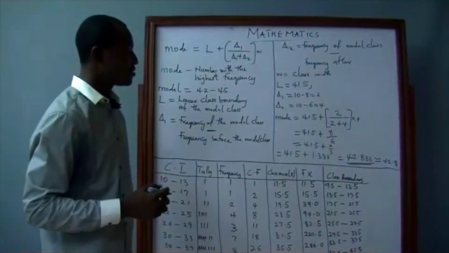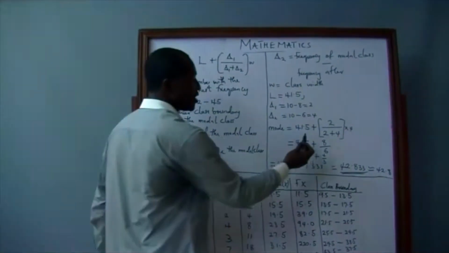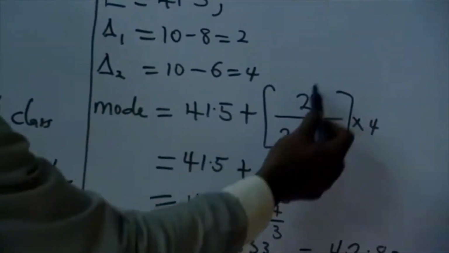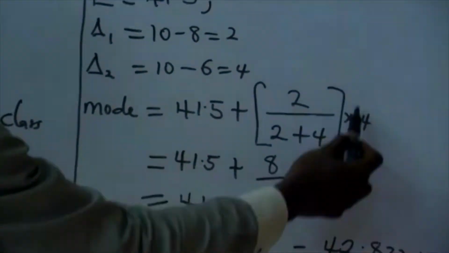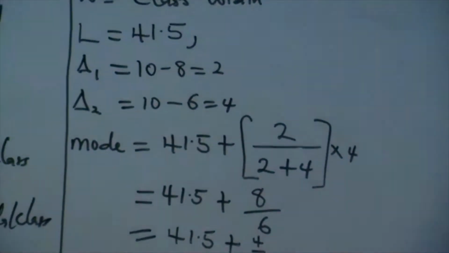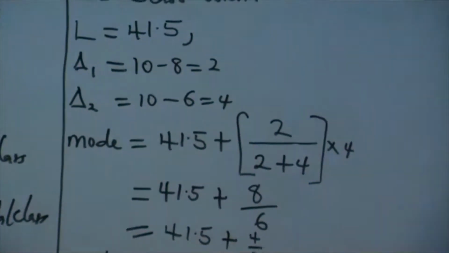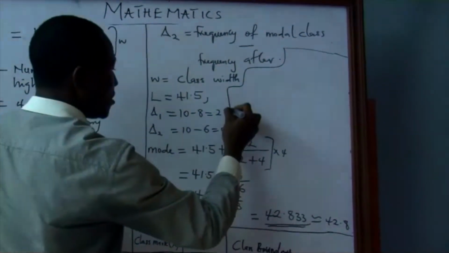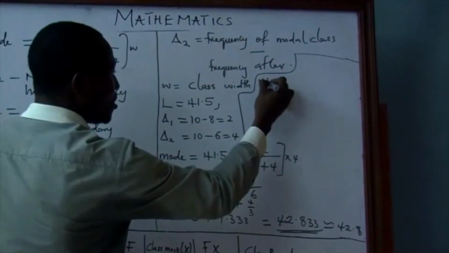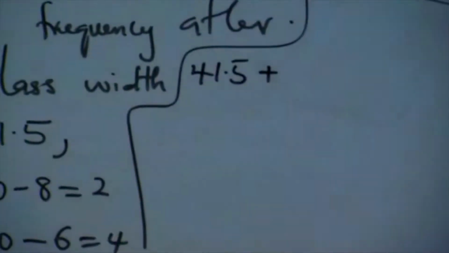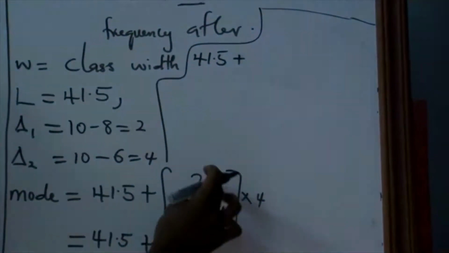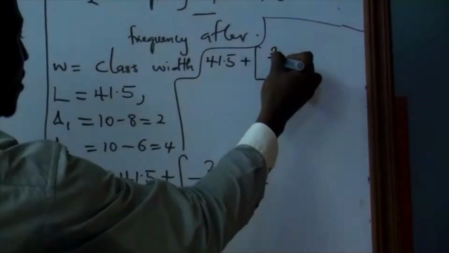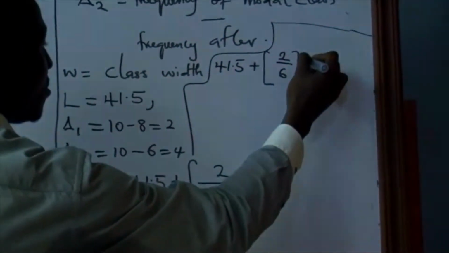Now I have a question: is there another way to simplify this expression, 41.5 plus this bracket, which is 2 divided by 2 plus 4, close the bracket, multiplied by 4? Yes, there is another way to simplify that. We can go like this: 41.5 plus, deal with this bracket and get the whole number, which is 2 divided by 6 multiplied by 4.